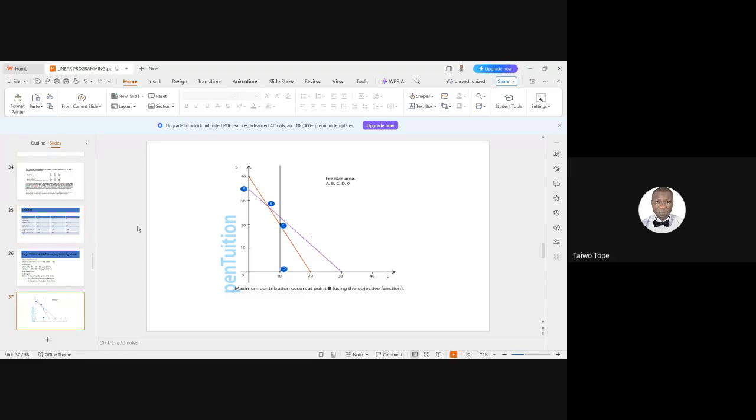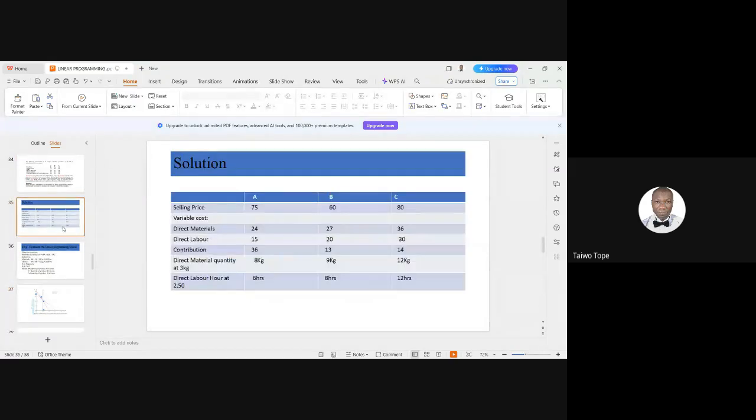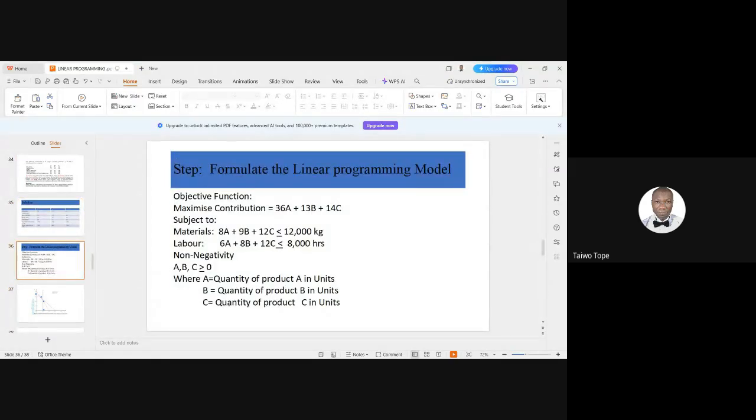If you look at this, you see 4 points, but at these 4 points, it is very clearly defined. This is just for demand. But in terms of the limited resources, A, B, C, what are the values at these points? If you check the workings of others, you see what they've done.